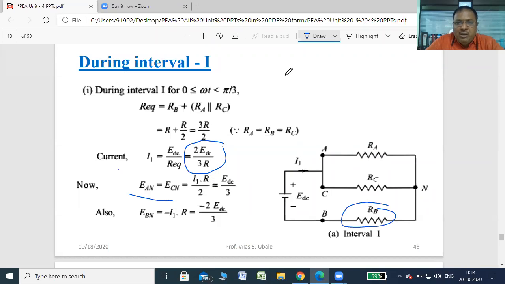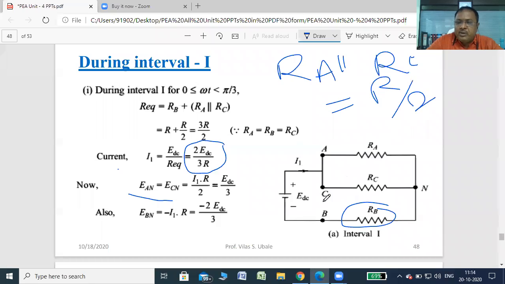R by 2 is RA parallel RC, and if we consider RA equal to RC, then it will be R by 2. So this is a parallel combination. The voltages EAN and ECN are both the same, equal to I1 times R by 2, so it will be EDC by 3.